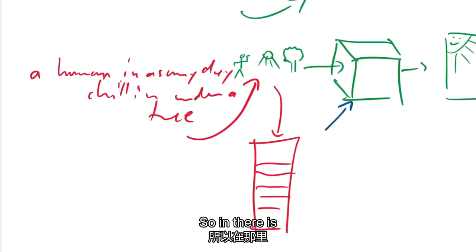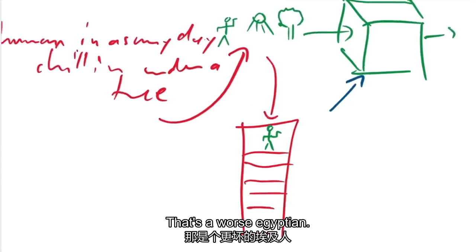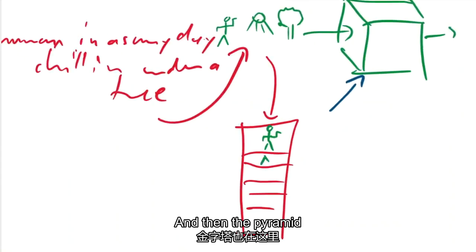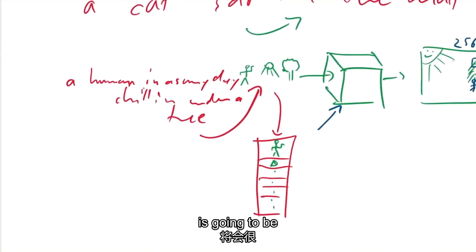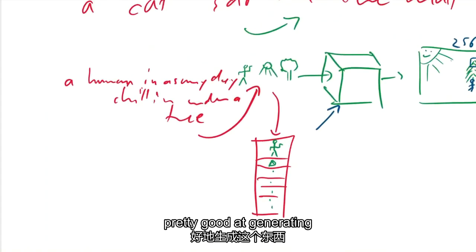The human is in there, the pyramid is in here as well, some that you need, some that you don't need. So if there is a vocabulary, the transformer is going to be pretty good at generating this thing.